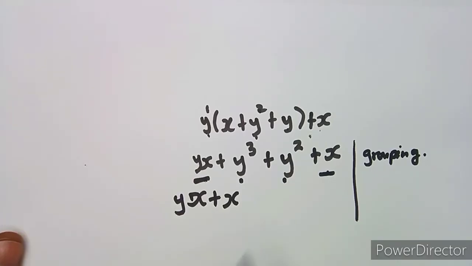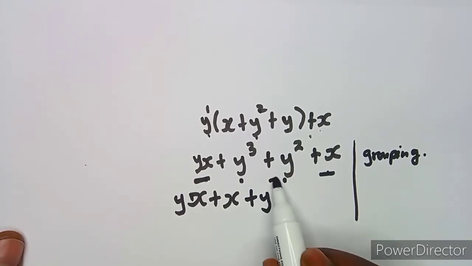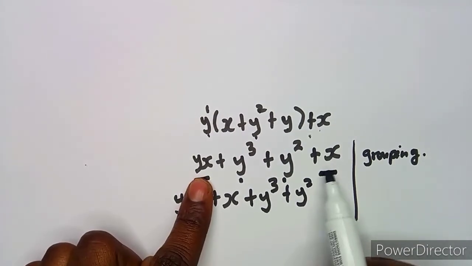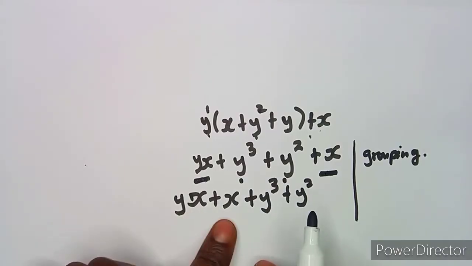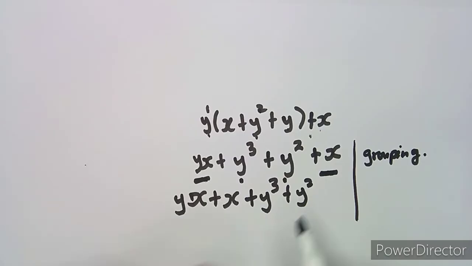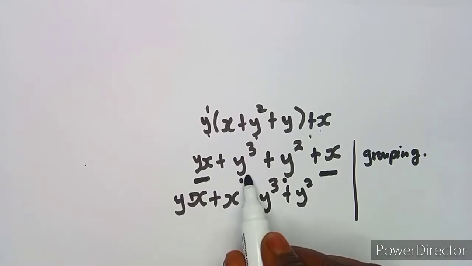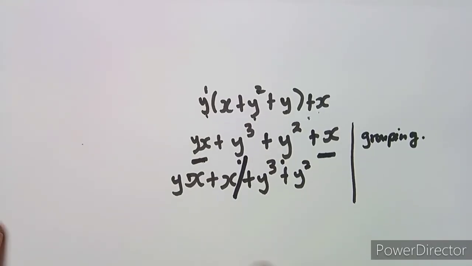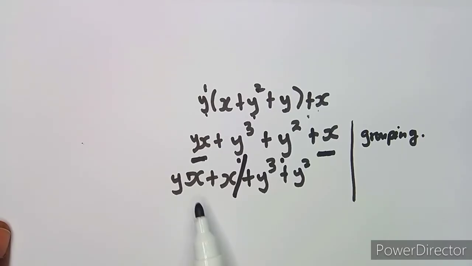Then this part with y only, let's just write it aside like this. So we have taken these 2 terms with x together, then the other terms with y together like that, so that you will be able to group into 2. Remember, this is by grouping, where you need to group 2 terms like that.